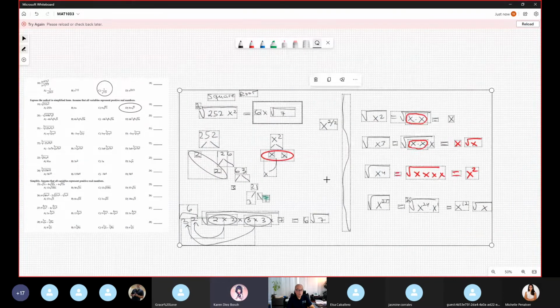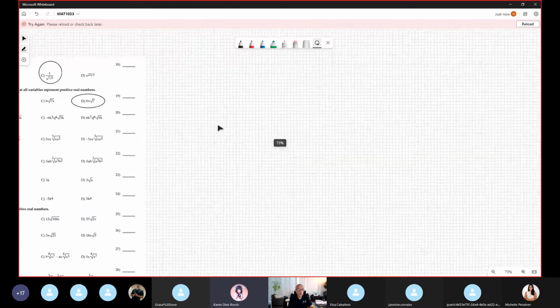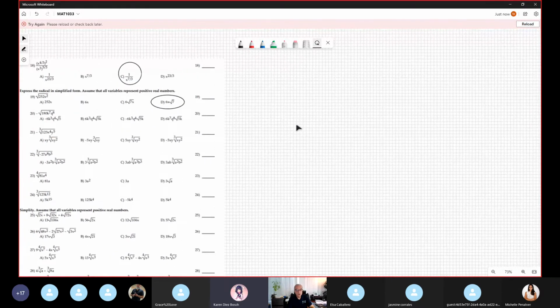Now, 20. Wow, sometimes it's confusing because they give you a negative. Remember, you have negative 180. 180 what? 180 k to the 7 and q to the 8.